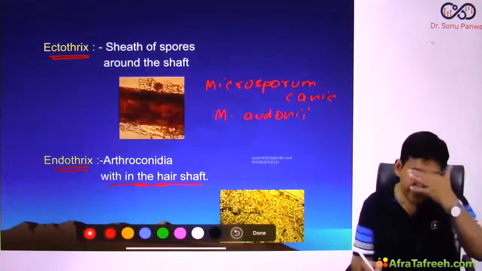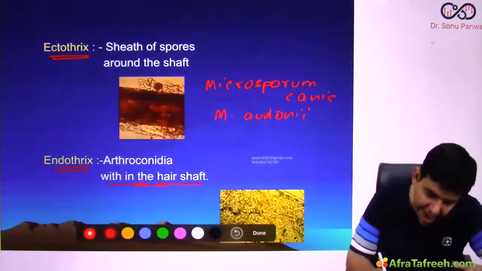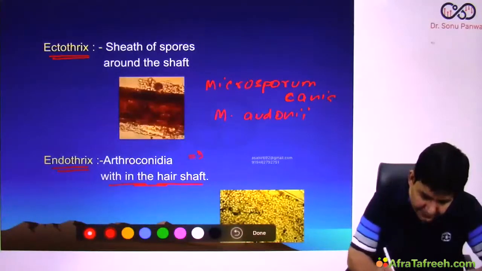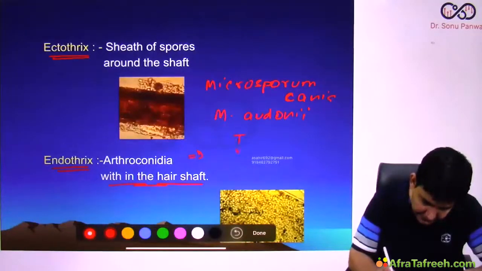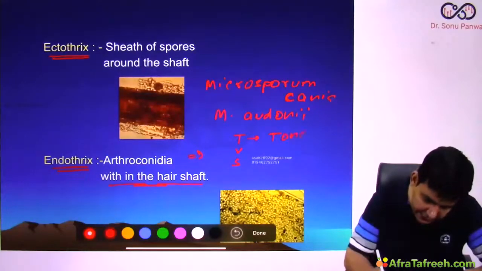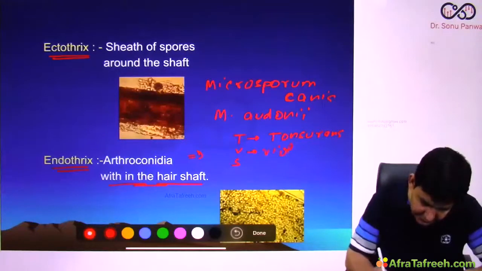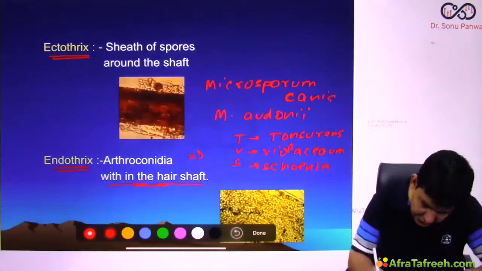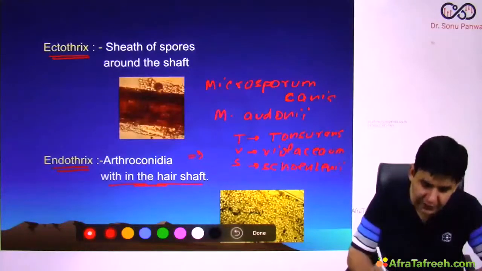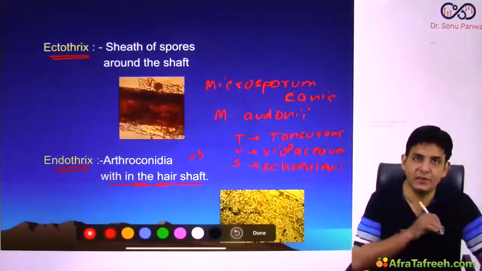These two names you need to remember. Endothrix is caused by TVS: T is Trichophyton tonsurans, V is violaceum, and S is schoenleinii. S is schoenleinii. And you remember just now, schoenleinii was doing something else also. It was doing what?